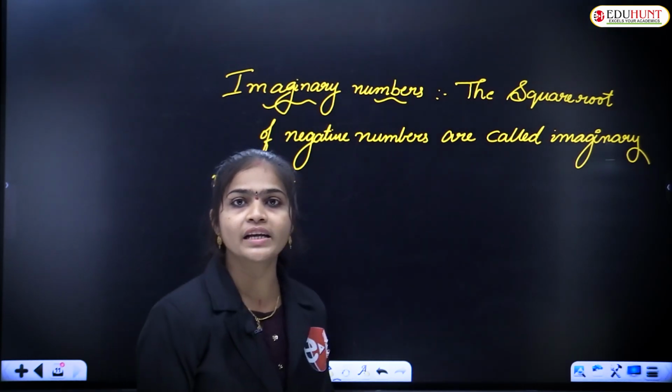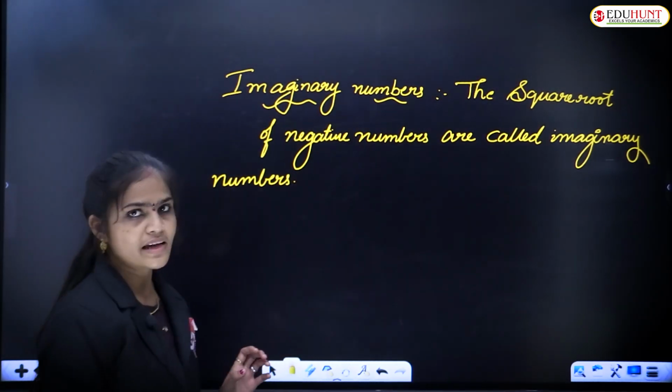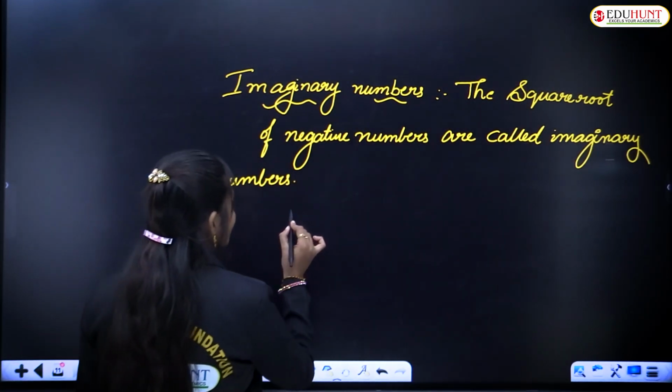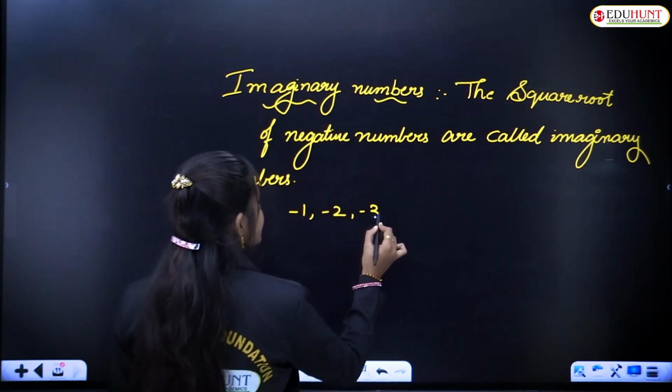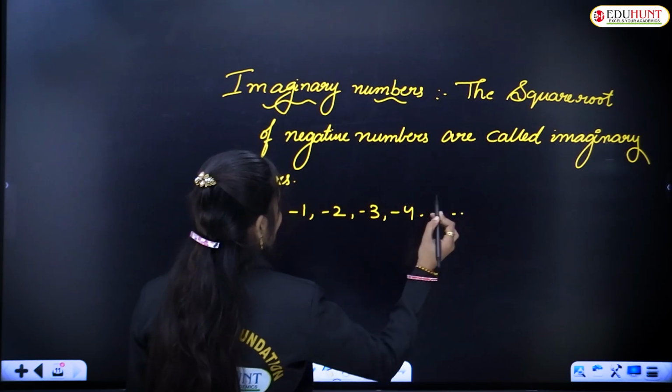The square roots of negative numbers are called imaginary numbers. So square root of negative numbers: minus 1, minus 2, minus 3, minus 4 and so on.